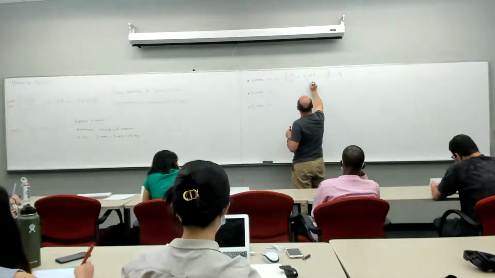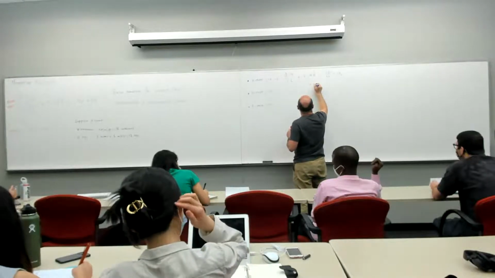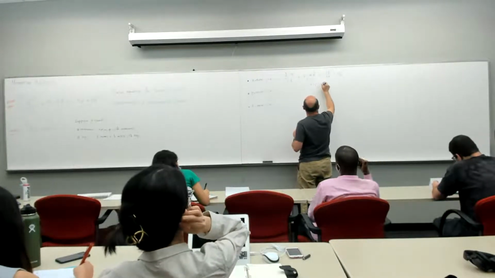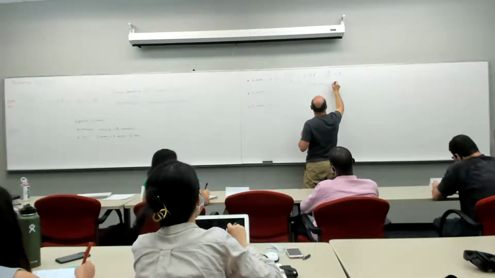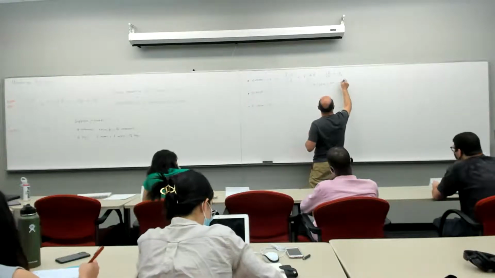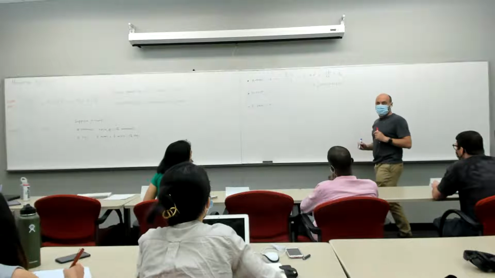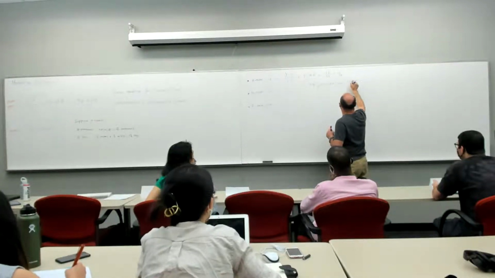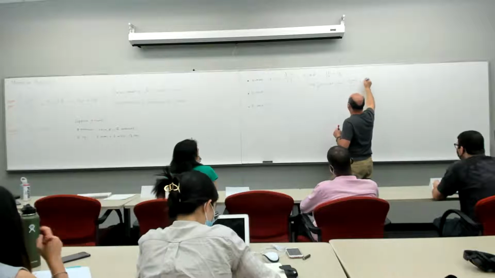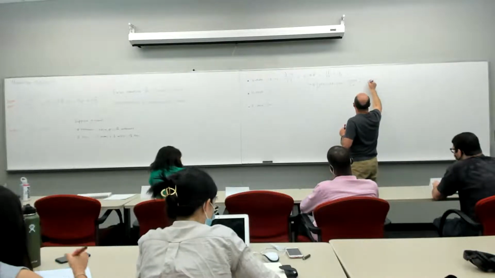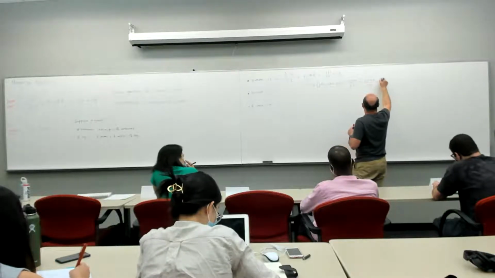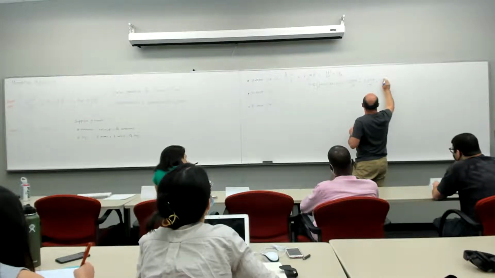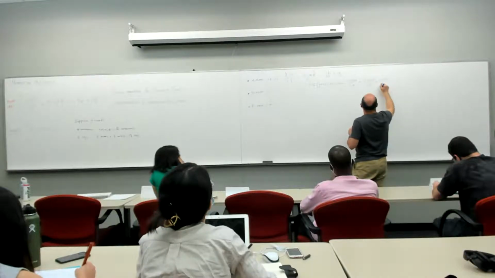Now this one is simply div of rho uu, rho uv, and rho uw, correct? Agreed? And that's equal to d rho u by dx plus d rho uv by dy plus d rho uw by dz.